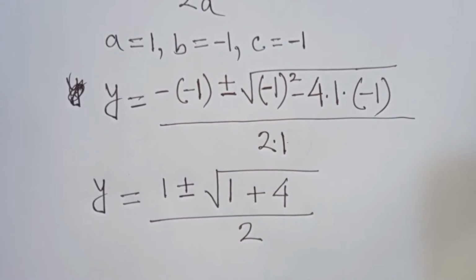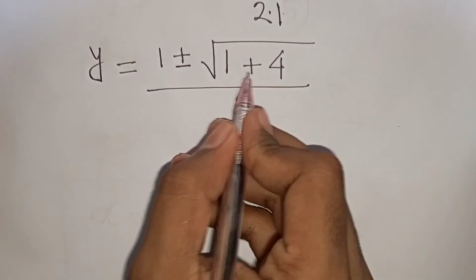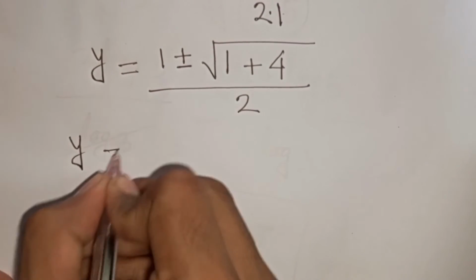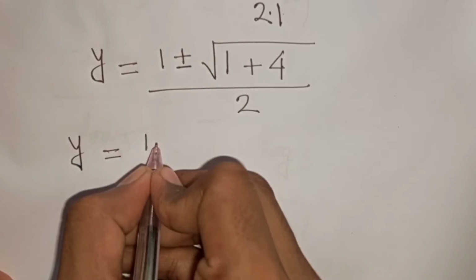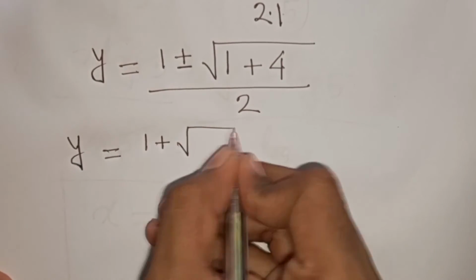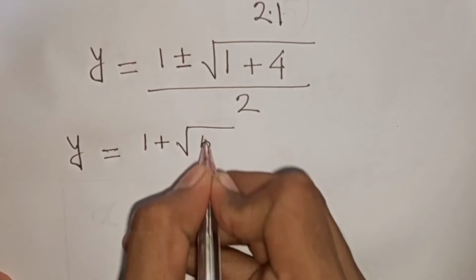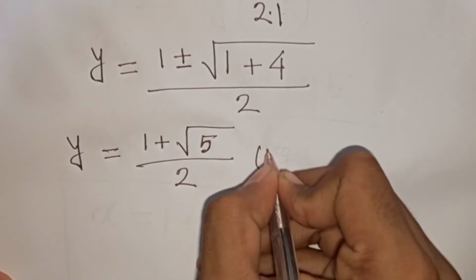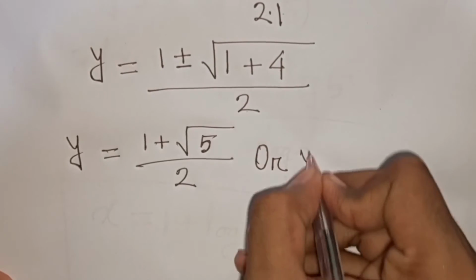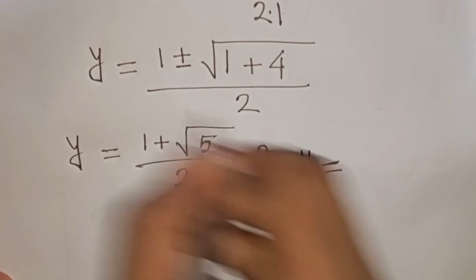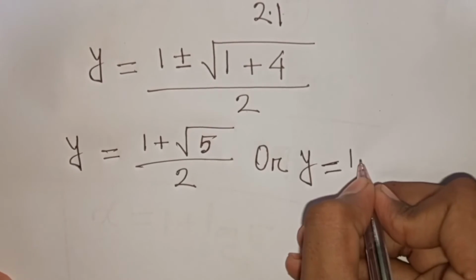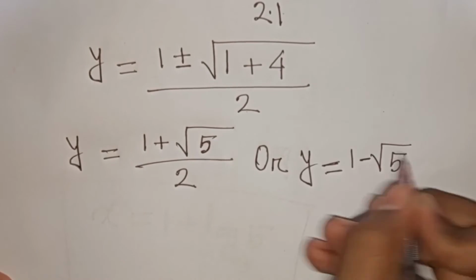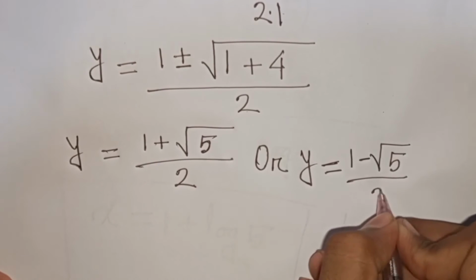Now we see here two cases: y is equal to 1 plus a square root of 1 plus 4, that means 5, divided by 2, or y is equal to 1 minus a square root of 5, divided by 2.